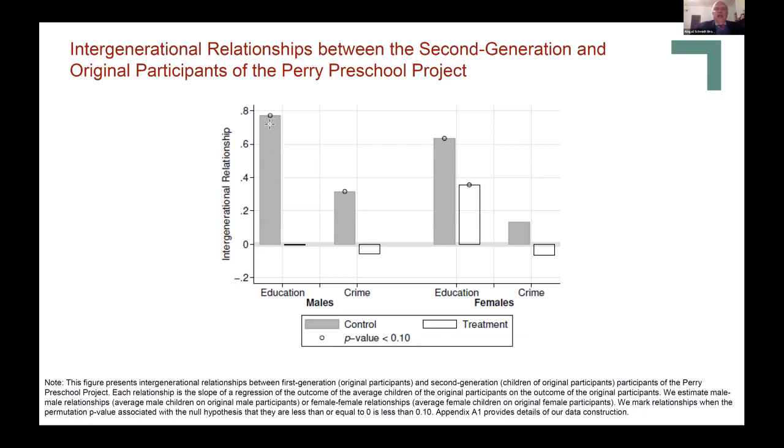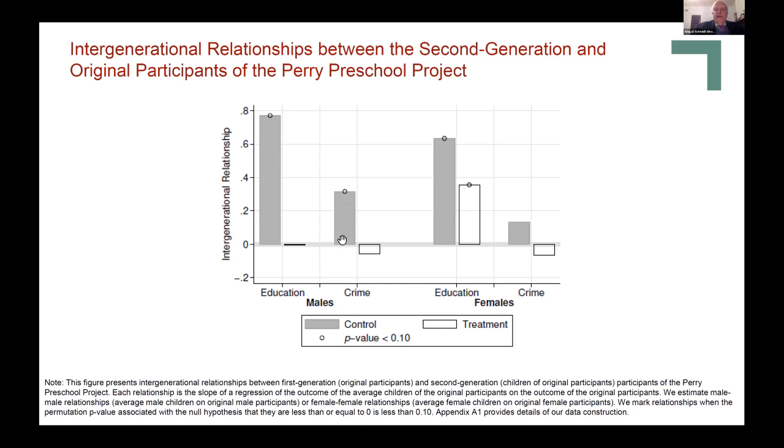In other words, this is the relationship you would find if I were to look at the child's education and correlate it with the parent's education. I would get a very high correlation. That's what this shows. That's for the control group. For the treated group, that correlation is 0.